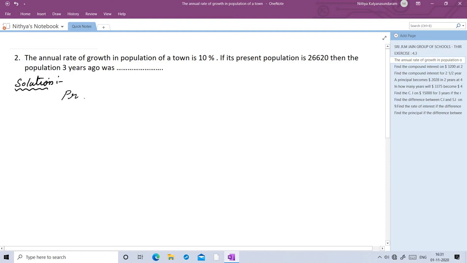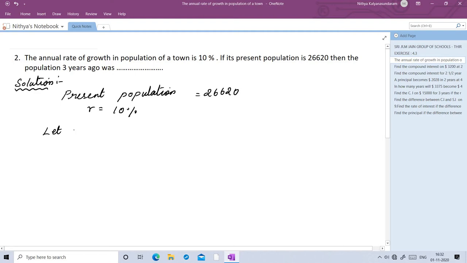Present population is 26,620. Then R is equal to 10%. So we need to find the population 3 years ago.